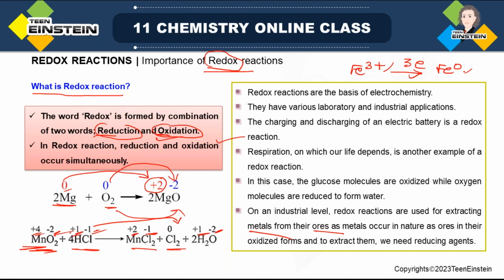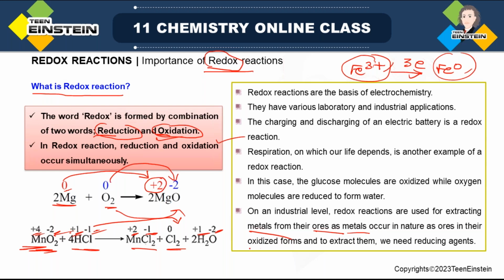So if we want to extract a metal from its ore, it will be in some oxidation state, and after reduction it will be in the metallic state. After extraction, we want them to be in metallic form, because the natural existence in the ore is not the metallic form but some positive oxidation state. That is why we do extraction, so that we can get them in metallic form.